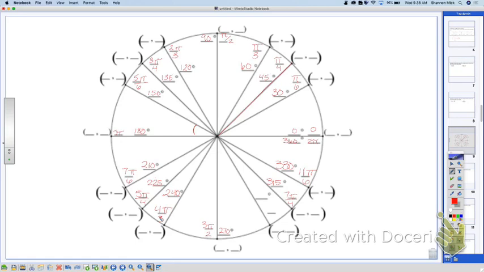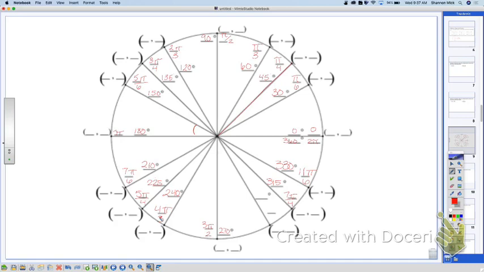So, does that help? Yes. I'm getting confused with 30 and pi over 6, and then you have 90 and then 3 pi over 6, which makes it half pi. I'm getting confused on where you're putting the pies.